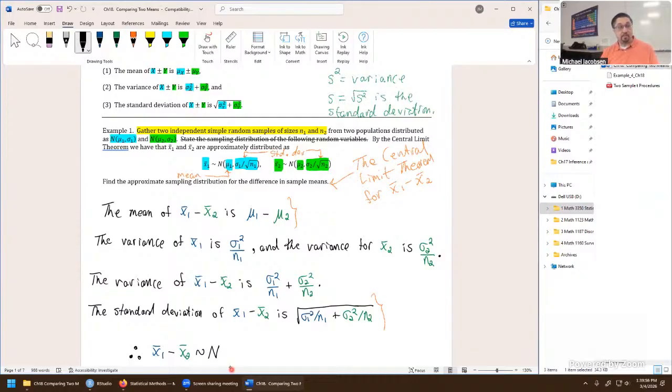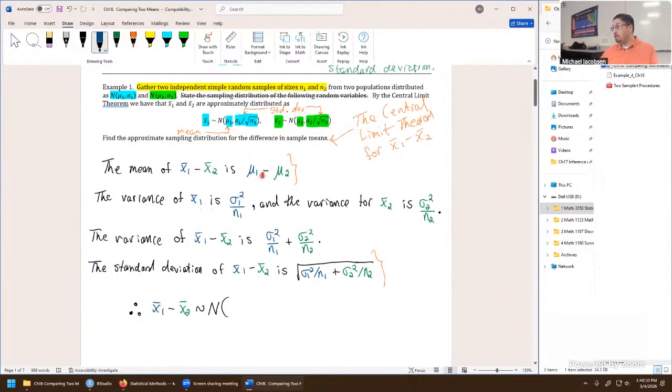That's another big probability theorem as well, that's still a normal distribution when we combine normally distributed random variables. What the probability theorem above told us is the center for this normal distribution is now mu1 minus mu2.